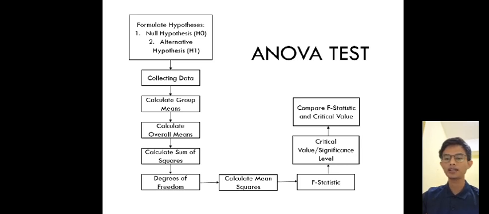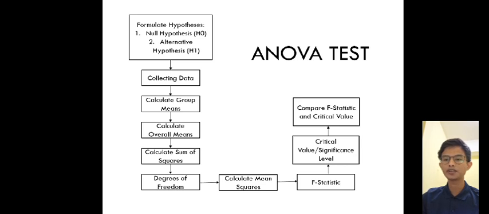And after that, we can do the F statistic, which we calculate by dividing the mean square between groups by the mean square within groups.